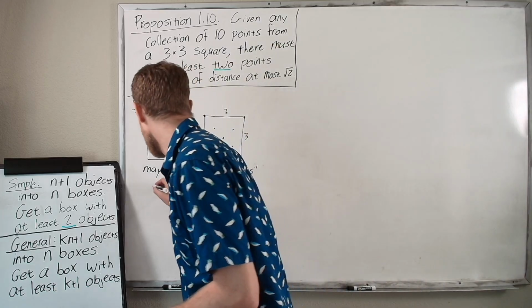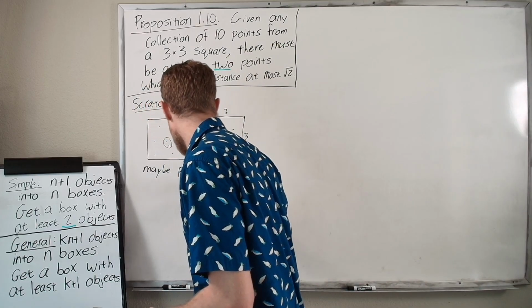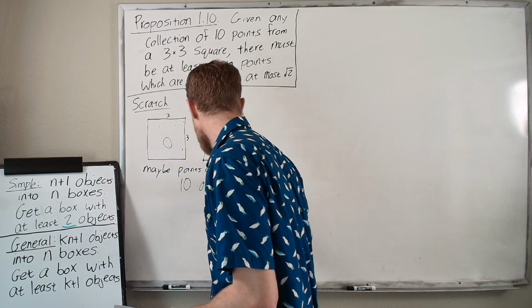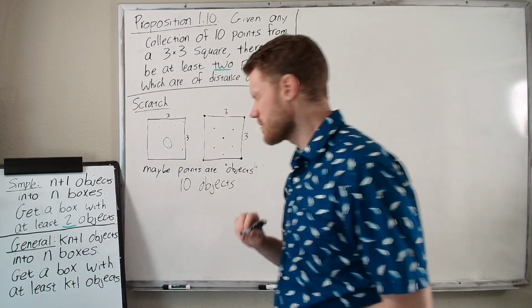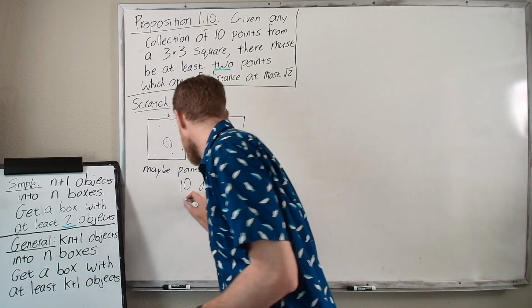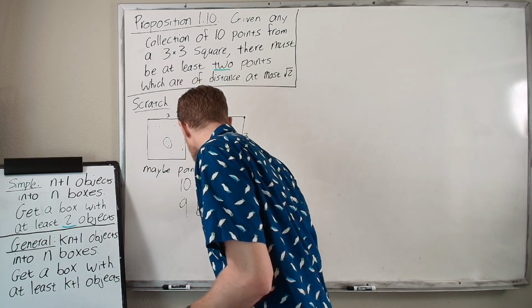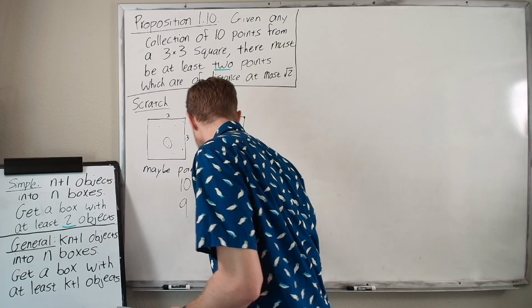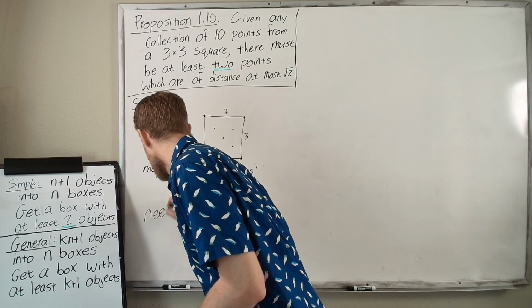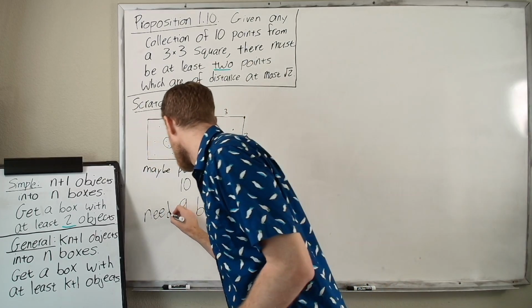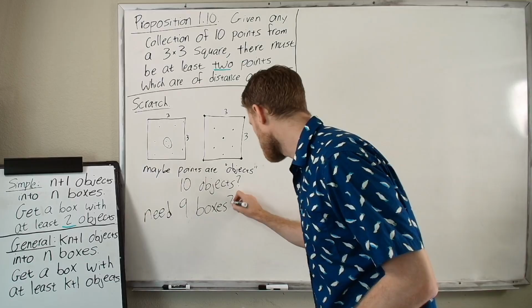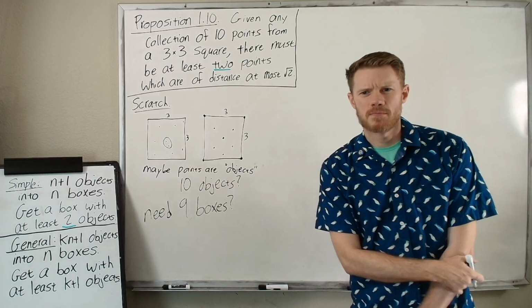So we would have 10 objects if this is the case. So we would need maybe 9 boxes. I put some question marks because this is just scratch work. I'm not really sure what's going on yet. Need 9 boxes.